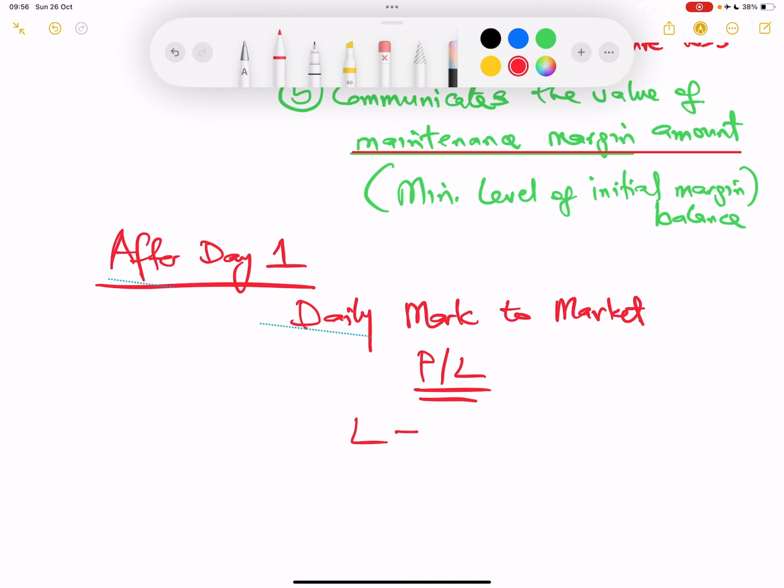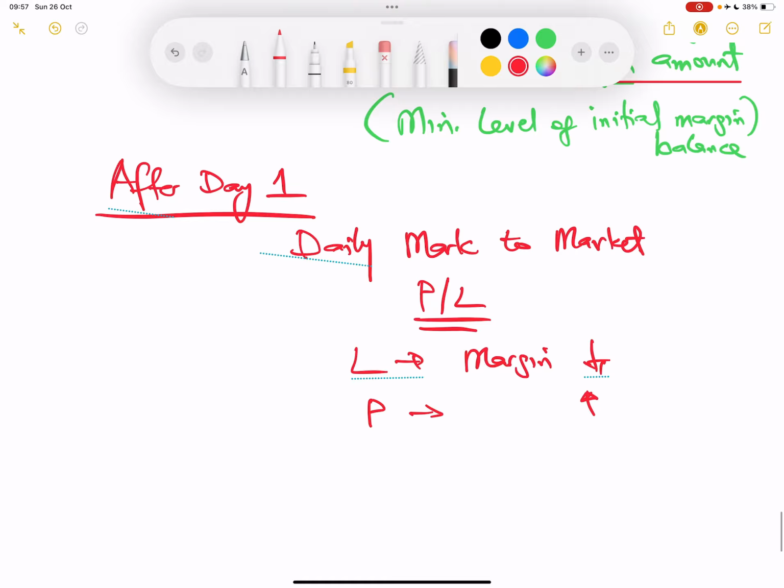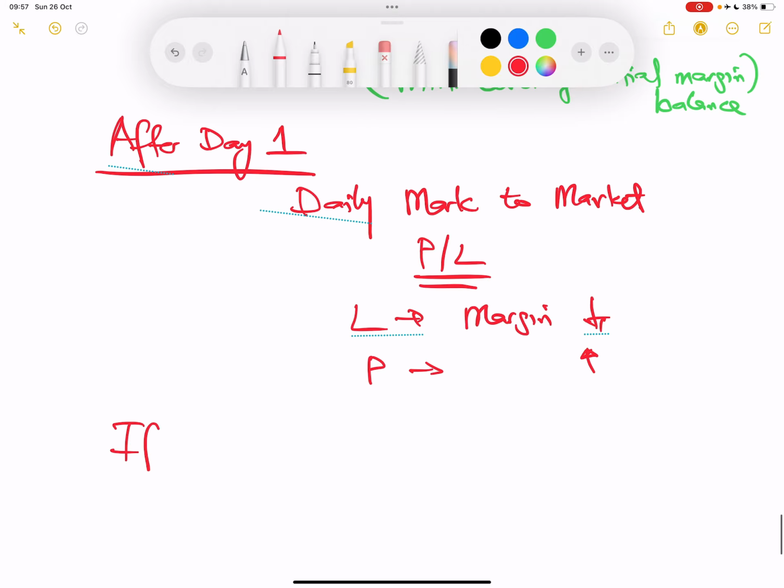If you are making loss, your margin balance will reduce. If you are making profit, it will go up. So if you are unlucky that your margin balance goes below your maintenance margin, so please take note.